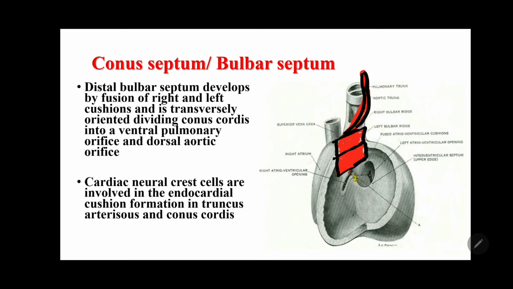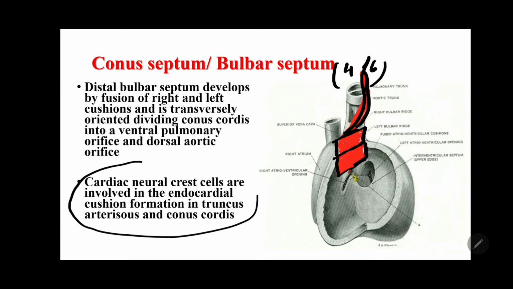This aorticopulmonary septum will above fuse with the junction between the fourth and sixth arch arteries. So like this, the truncus arteriosus is divided into two outflow channels, and what is responsible here? These cardiac neural crest cells.